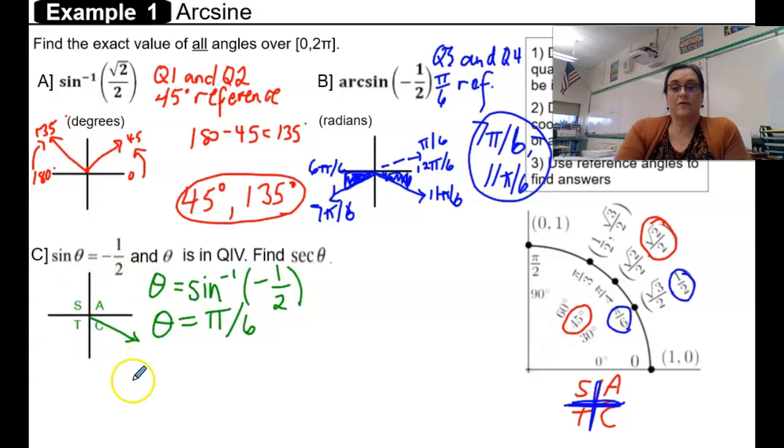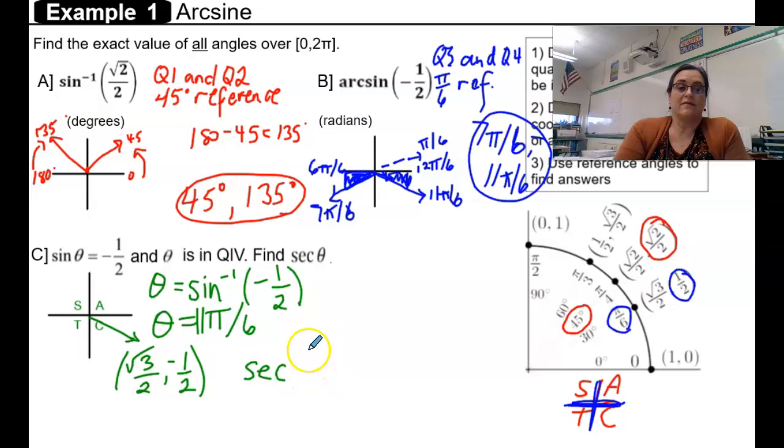And in the fourth quadrant, the x value is positive, square root of 3 over 2. The y value is negative. So the coordinate at 11 pi over 6 is square root of 3 over 2, comma, -1/2. So to find the secant, we need to know the reciprocal of the cosine.